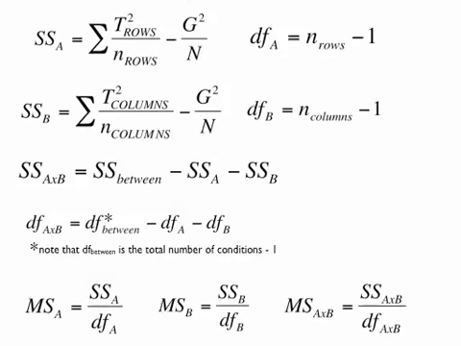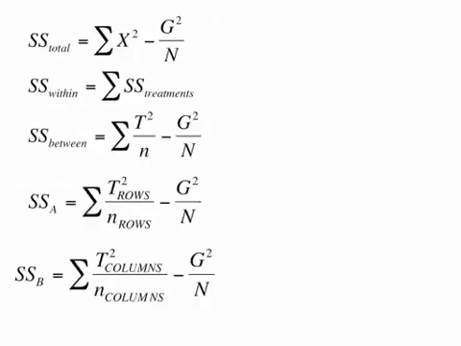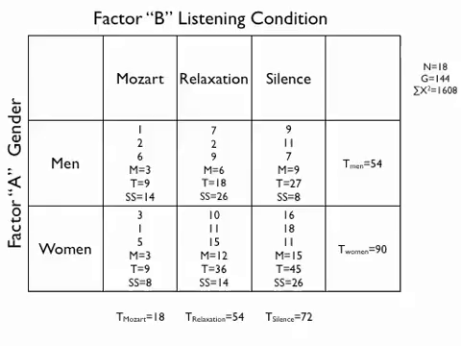What we haven't gotten to is sum of squares for the interaction. We write it A×B. The sum of squares for the interaction is what's left over after you subtract the sum of squares for A and the sum of squares for B from the sum of squares between treatments. I'm going to go back a slide now. How did we get sum of squares between treatments? Well, it's the sum of the T squares over n, back one more slide, where T squares are the T's in each cell here.